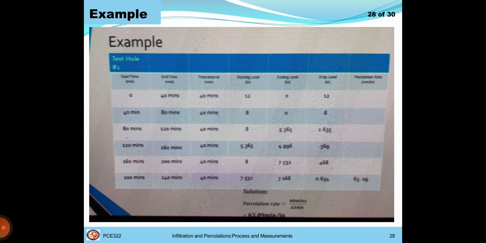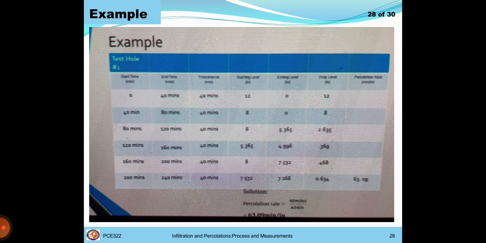Then, it comes up to an ending time of 40 minutes. So, it reached a starting level of 7.532. Then, the ending level is 7.268. So, the drop level is 0.634.